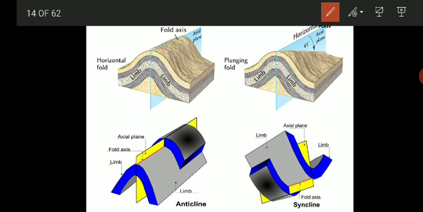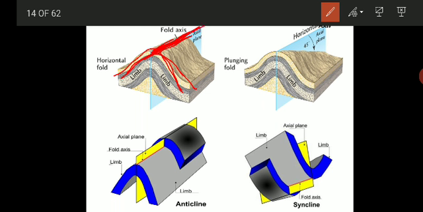Next part is the axis or the hinge of the fold, okay? Fold axis, or the hinge of the fold. So here this is the fold axis, you can see. How will you define the fold axis? The line of maximum curvature. So here this is curved, and here is the line of maximum curvature in a fold.